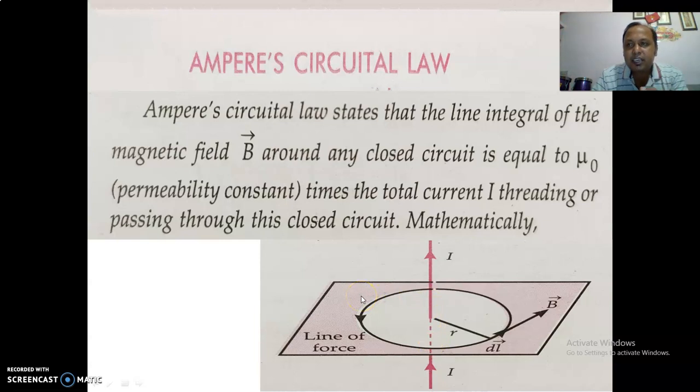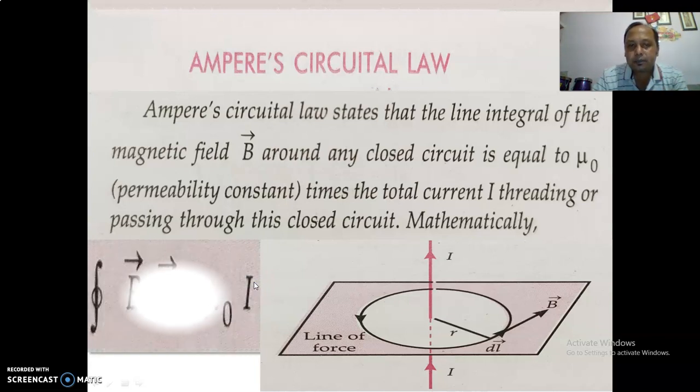As the statement of Ampere Circuital Law says, the line integral of magnetic field, that is integration B dot dl, will be equal to mu naught times the total current threading the loop. So the mathematical form is integration B dot dl over a closed loop, for which a circle is given on the integration sign, equal to mu naught times the total current threading the loop.